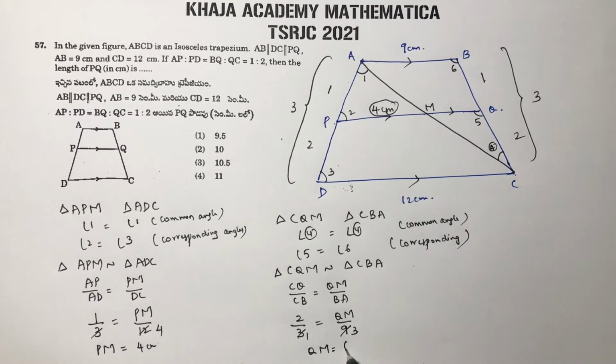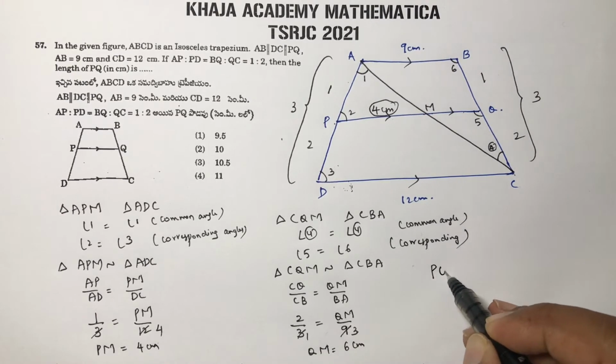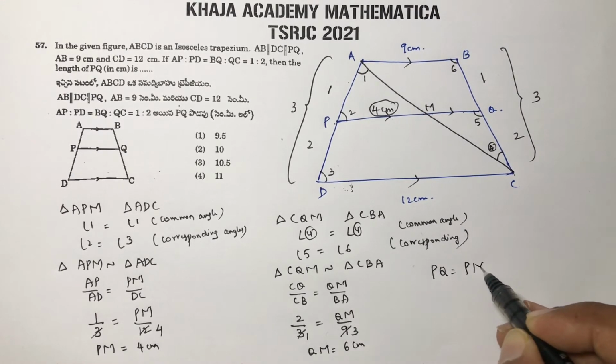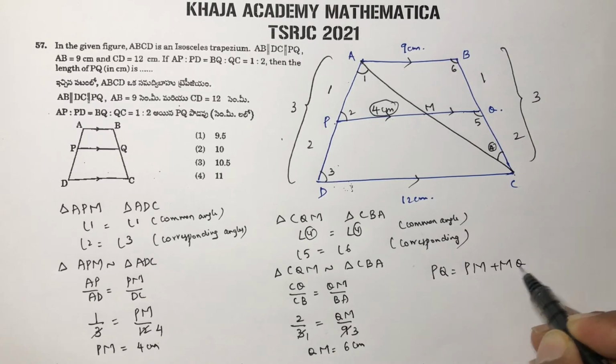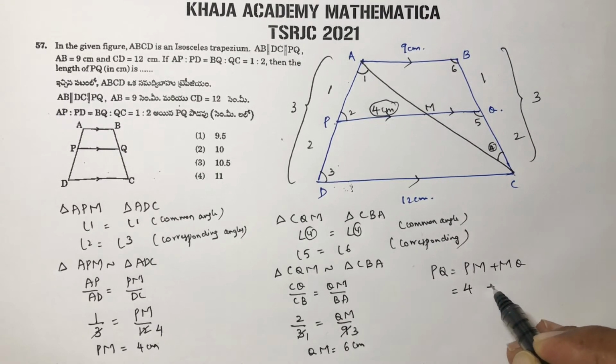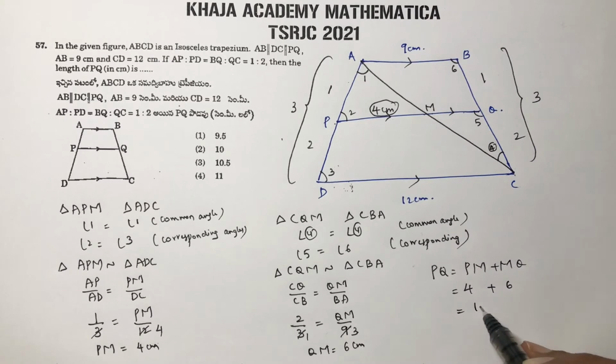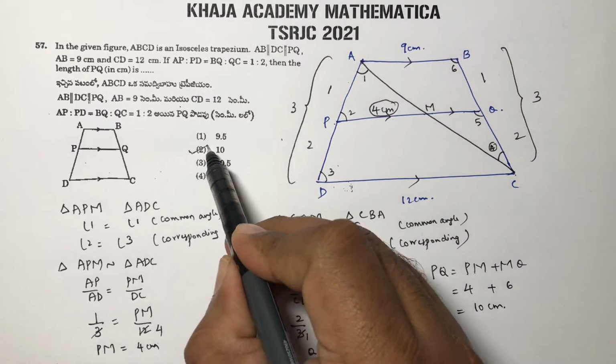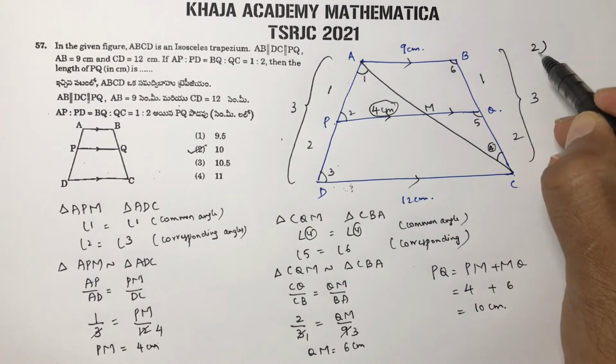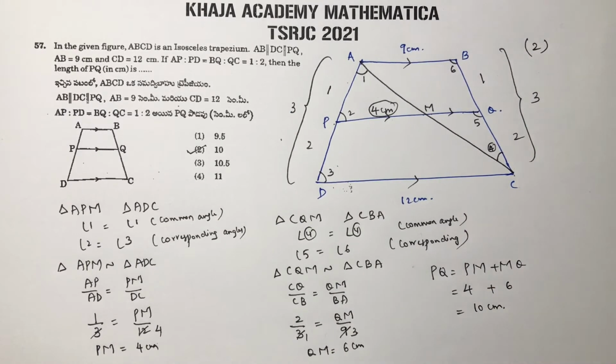So QM equals 6 centimeters and PM equals 4 centimeters. We need to find PQ. PQ is PM plus MQ. PM is 4, MQ is 6. So total is 10 centimeters. The correct option is 2, 10 centimeters.